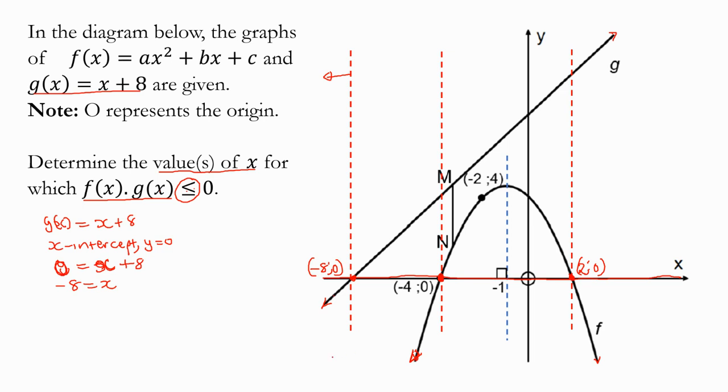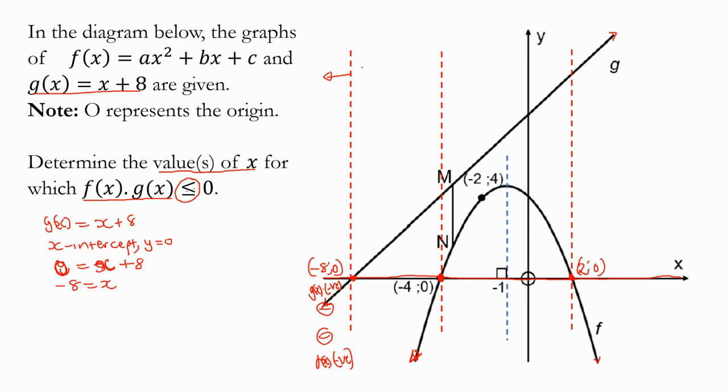It is below the x-axis, so f of x here is negative. Even g of x is negative, it's below the x-axis. So let's just write negative and negative for both graphs.